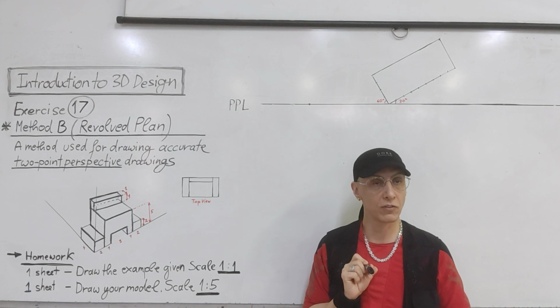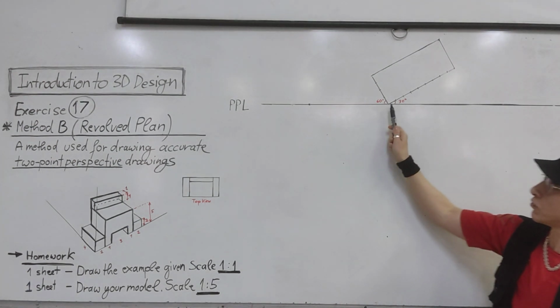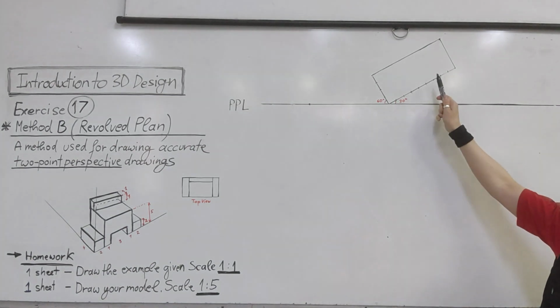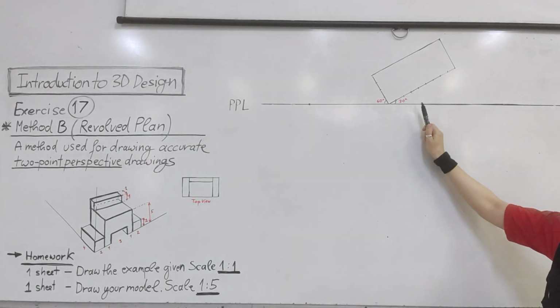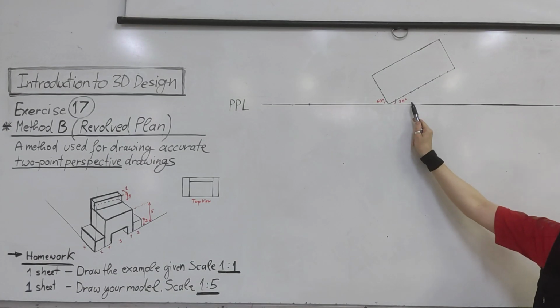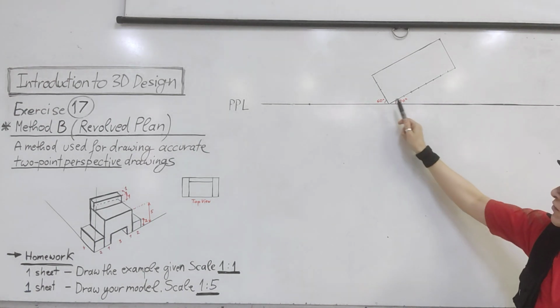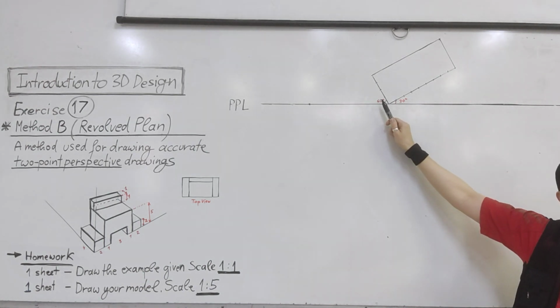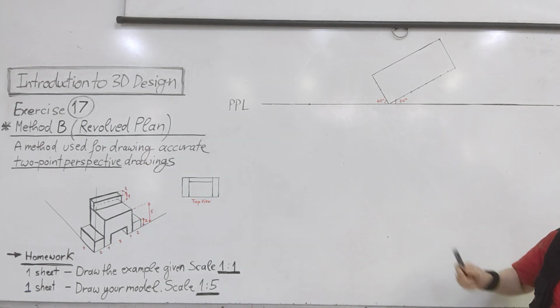But this is not revolved yet. So we need to take this top view, put it on top of the picture plane line, and rotate it at 60, 30 degrees. Now, from this side 60, from this side 30, or the opposite way. If I put 60 here and 30 here, it also works, okay? But you need to pay attention to one thing.